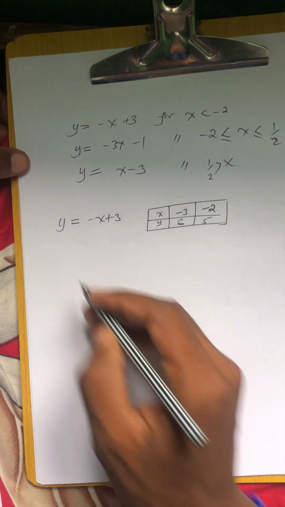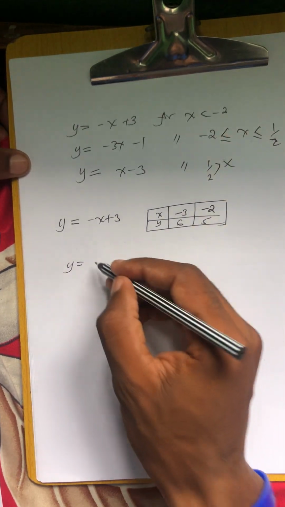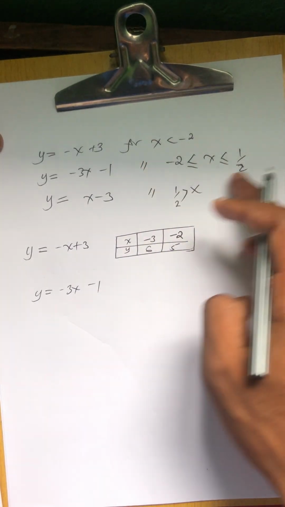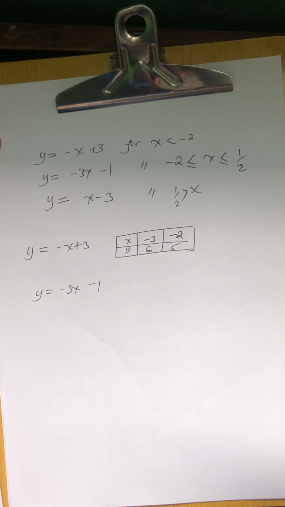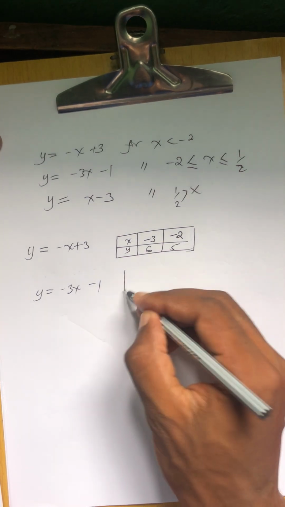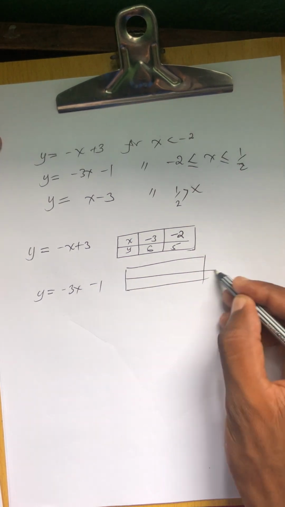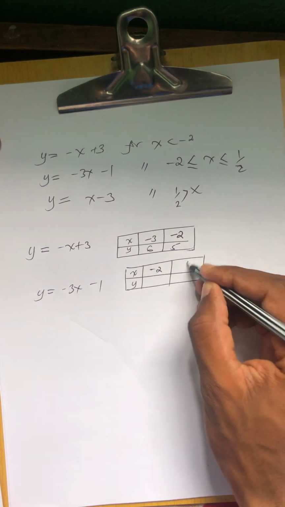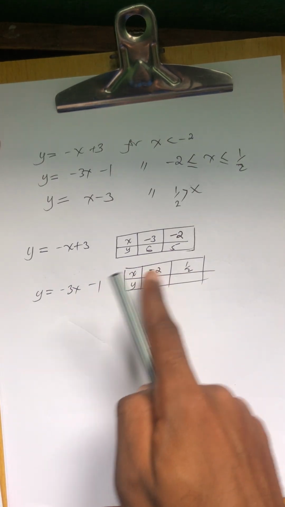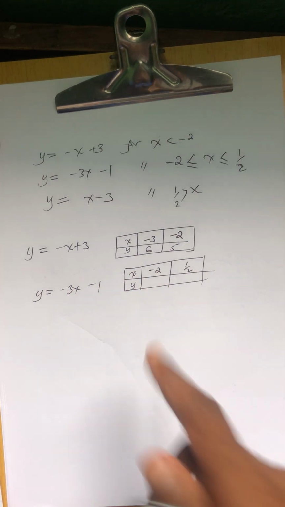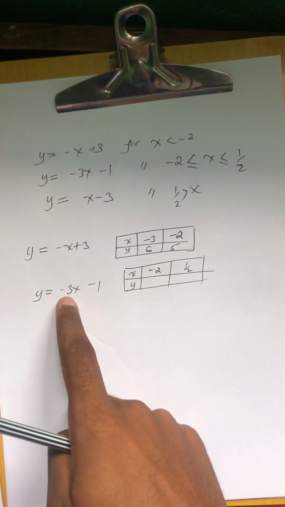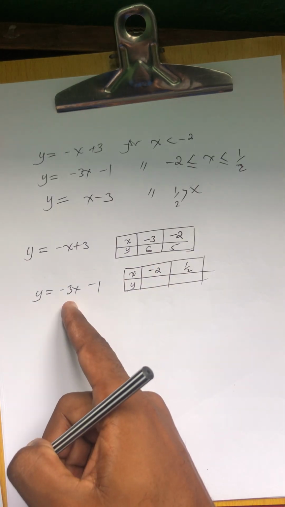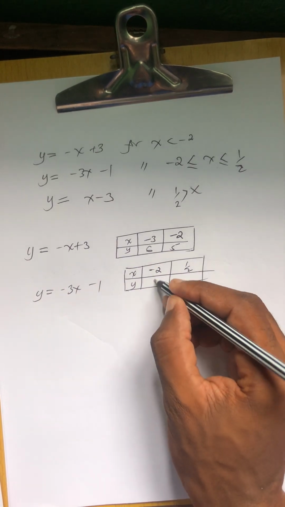Then y is equal to minus 3x minus 1 for this region. Since this has 2 breakpoints, we include them both. So x, then y: minus 2, and half. If you put minus 2 there, you have 6 minus 1, you have 5.